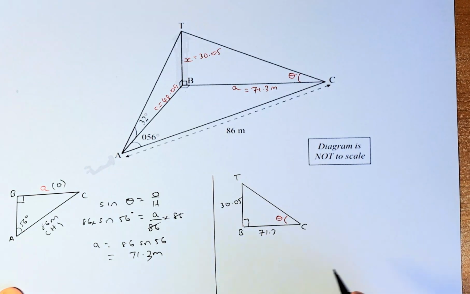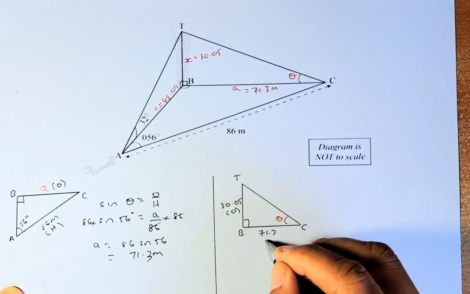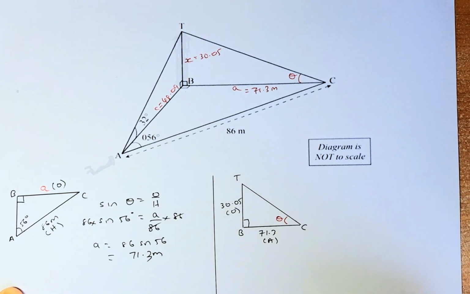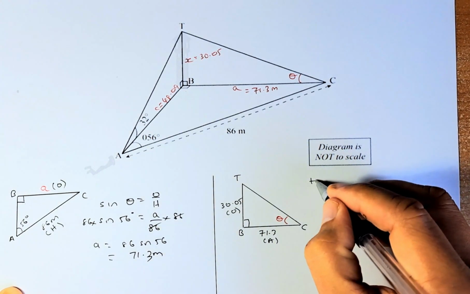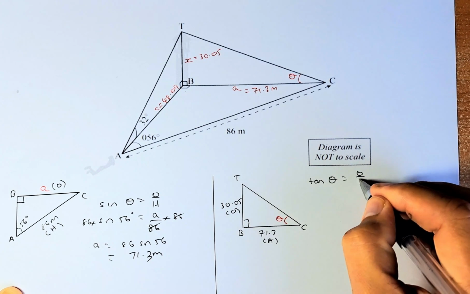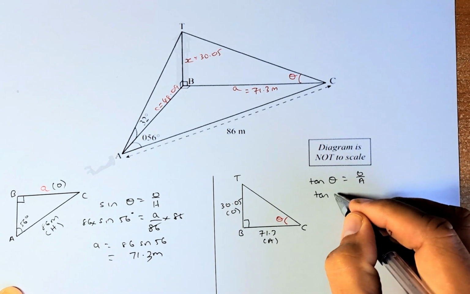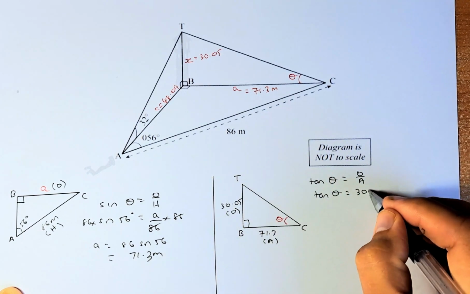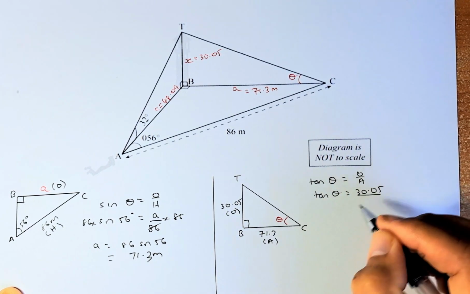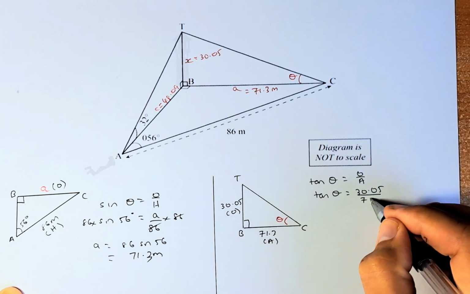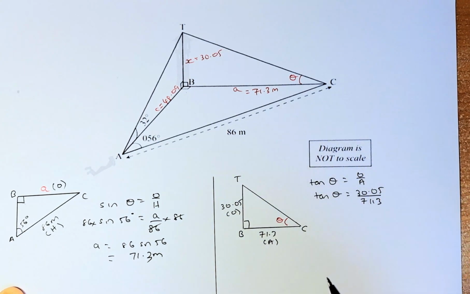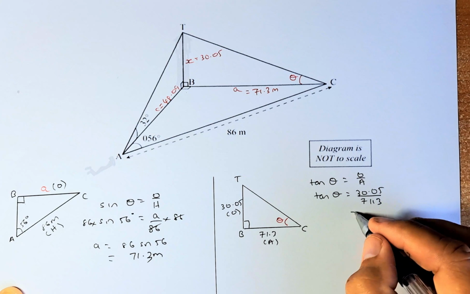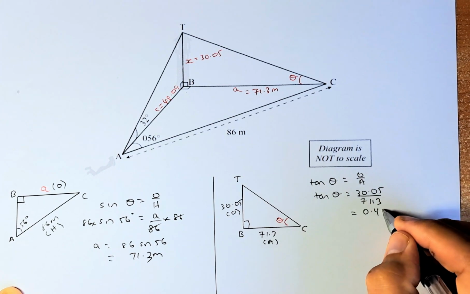To calculate theta, just use the trig ratio again. This is the opposite, this is the adjacent, and this time you use TOA. Tangent theta equals O over A. O is 30.05 and the adjacent is 71.3. Put it in your calculator, and the answer is 0.4215.